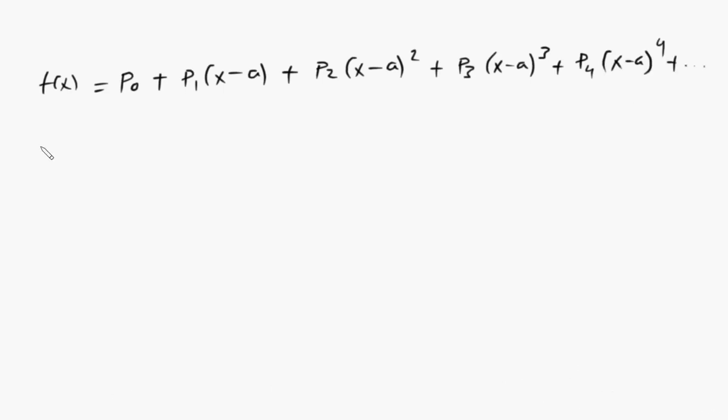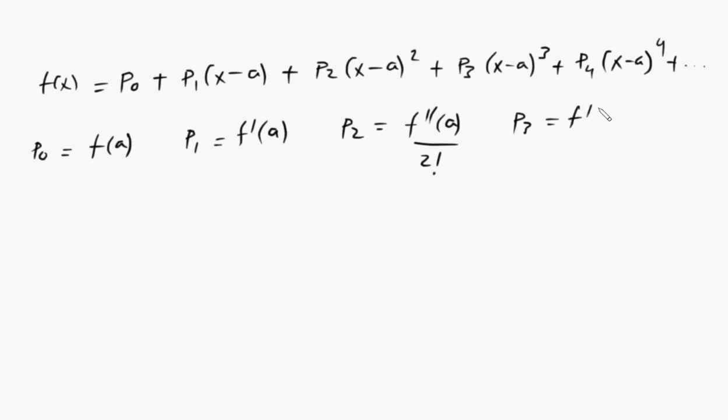Okay, but I have obtained that p0 is just fa, p1 is just f dash a, p2 is just what? Second derivative of fa over 2 factorial. P3 is just what? Third derivative of fa over 3 factorial.